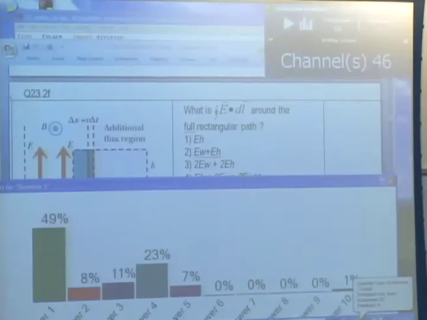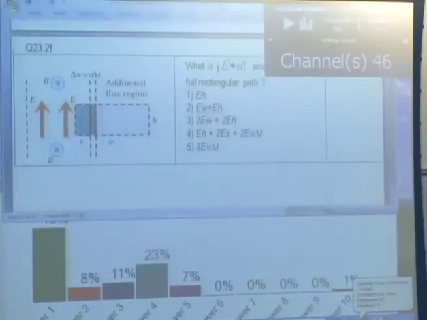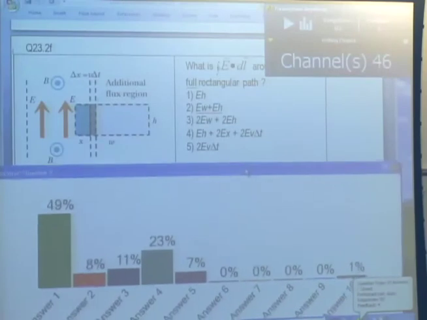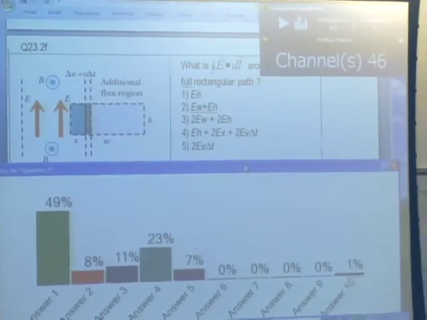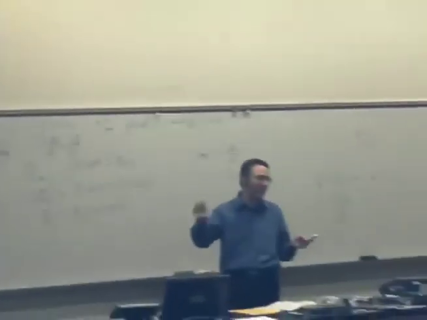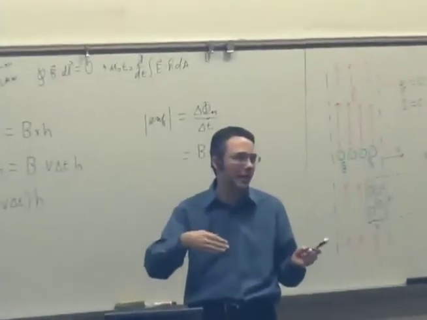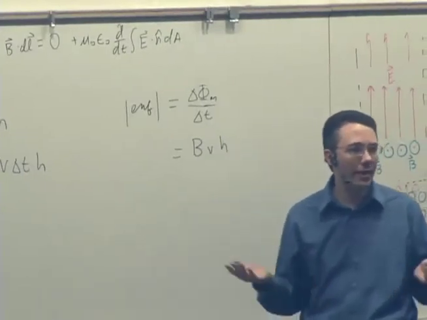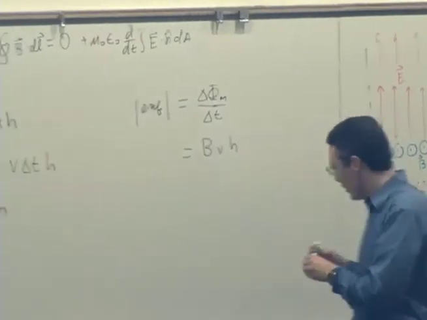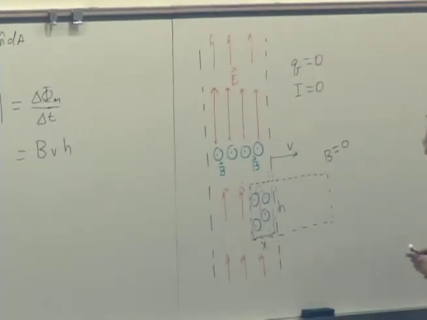Okay, and these path integrals always seem to drive us nuts, so let's talk about these once again. This is the same thing as that one problem we did with Ampere's law. Remember you had to break it up into pieces, think about the direction of delta L along each piece, and look at the dot product of the field and your delta L path vector. So let's look at each piece in turn. First of all, which way do you want to go?